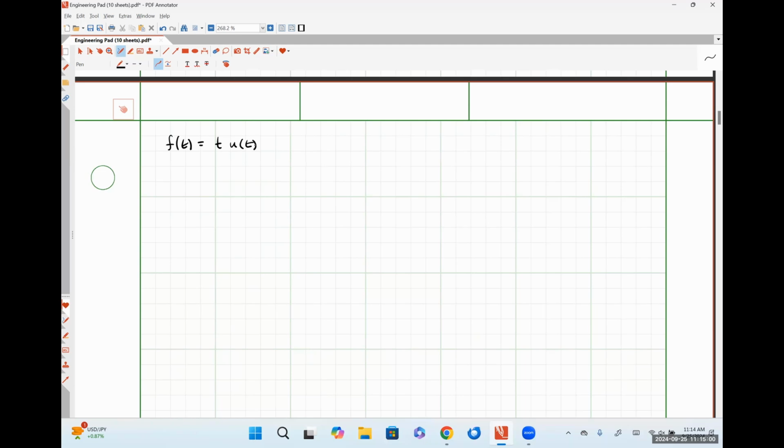So if I have some function g of t that I'm defining as just a unit step function, what's the relationship between g of t and f of t?